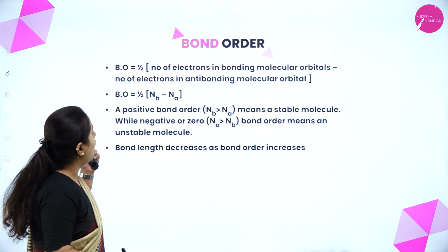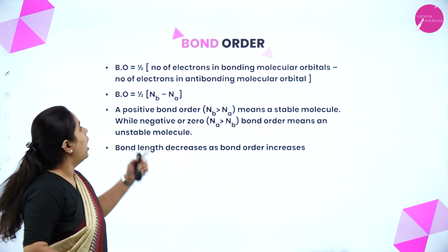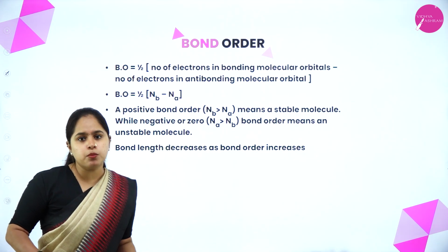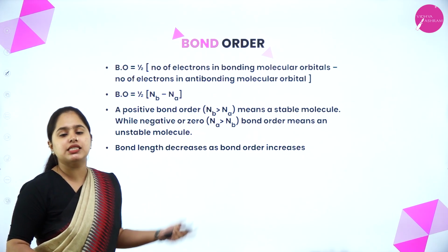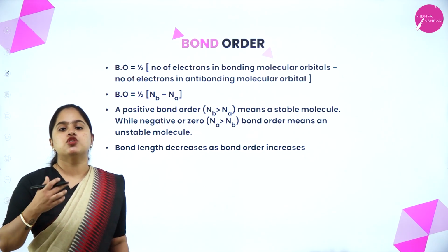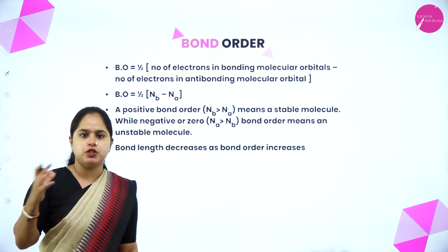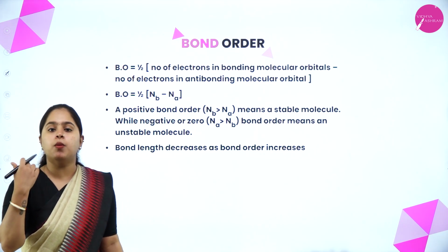Right? So, how do you calculate the bond order? The equation for calculating it is half of the number of electrons present in the bonding molecular orbital minus the number of electrons present in the anti-bonding molecular orbital. So, what did we study about bond order? Yes, it is the number of bonds between two atoms. If we say it is a single bond, then the bond order is 1.